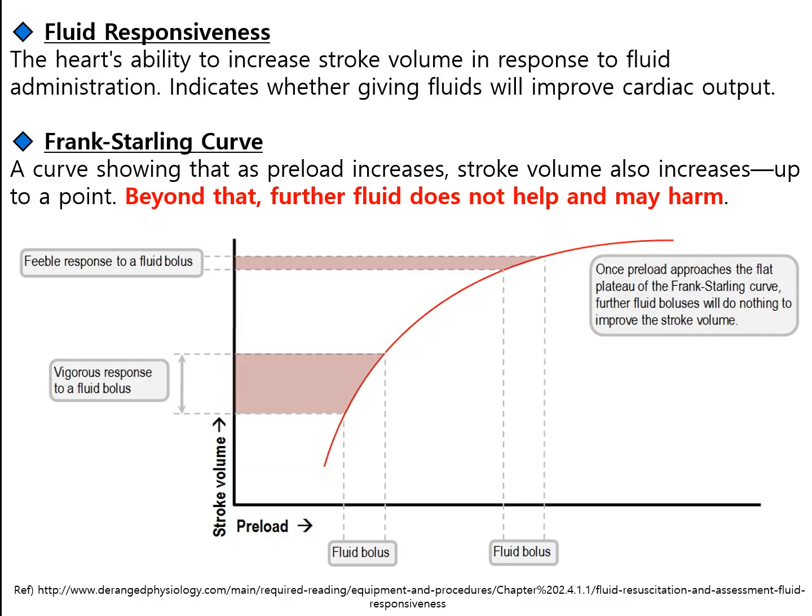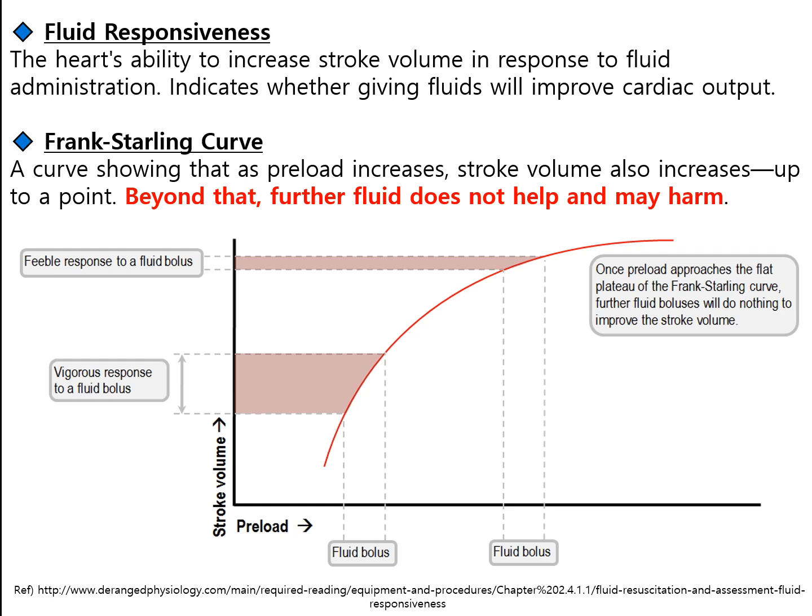So, how do we know when fluids will help? I assess fluid responsiveness. This is the heart's ability to increase the stroke volume in response to fluid administration. It indicates whether giving fluid will improve cardiac output.